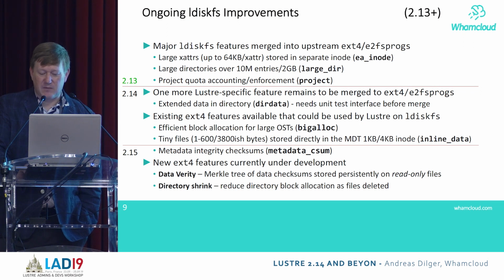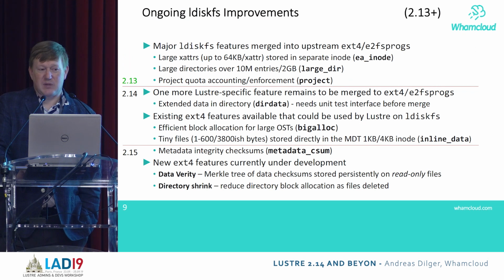On the flip side, for very small files stored in the file system, there's a feature called inline data that could allow you to efficiently store file data directly inside the inode on the MDT. So if your workload had 50-byte files or 300-byte files, you could actually get a space efficiency and some potential performance improvements. We haven't been able to test that out yet, but it looks promising.